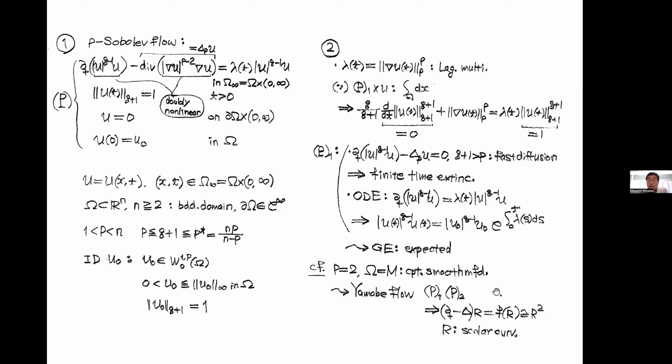Equivalently, it converts to the following scalar curvature equation. The heat operator acting on the scalar curvature R is equal to a nonlinear quantity, quadratic nonlinearity in the scalar curvature. This is a very key point for observing the existence of solutions and the asymptotic behavior of the Yamabe flow.